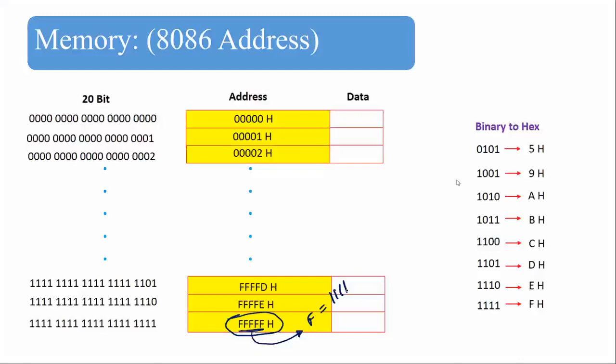So you can see that the addresses of 8086 are basically 5-digit hex numbers. We call it the physical address. I'll come to that point later. Just remember it is called the physical address of the memory of 8086.